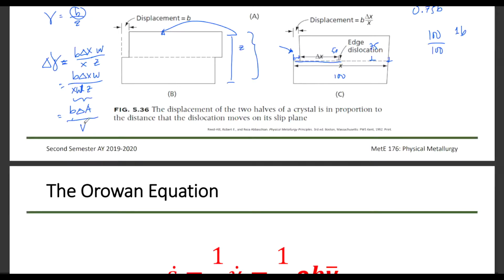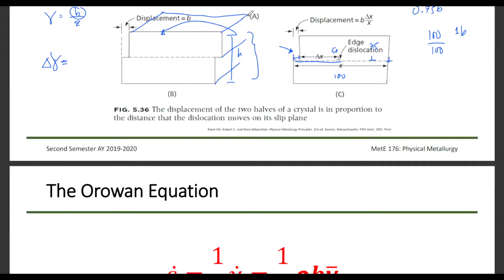Let me change the terms to ones we're more familiar with. Let's call this H for height. Let me redo this. So this is H, and these are the dimensions if this were a crystal like that.